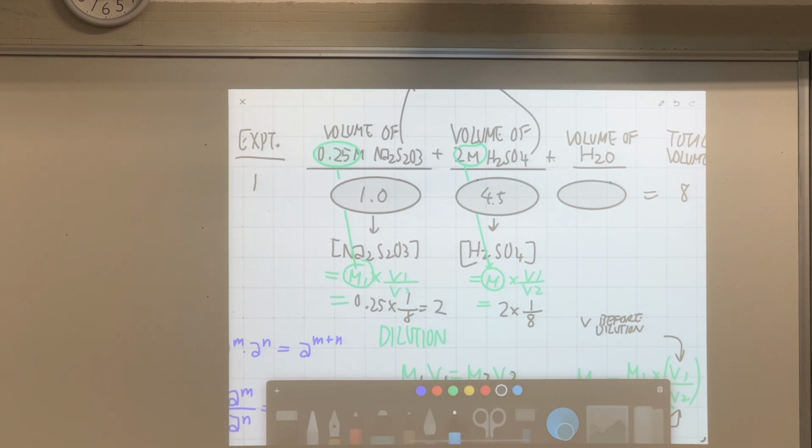Which is 2? You can try. This is 2, right? No. It's 0.03125. Okay, and what about this number here? This is 4.5 times 1 over 8, which is 0.5625. Can you see that this number is much larger than that?